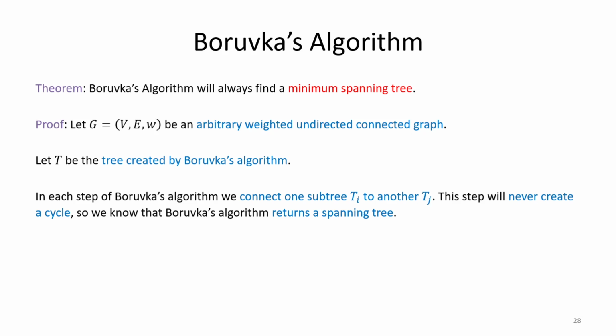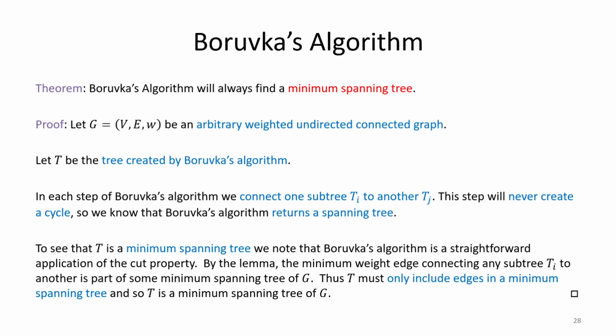Now, the way that we're guaranteeing that is we're always connecting one tree to another one. And again, if we're connecting two trees that are not the same tree, we have no chance of creating a cycle. So this will never create a cycle, so we're guaranteed. And remember, we stop when there's only one tree left in that queue, and that's what we return, the spanning tree. So we're guaranteed that we return a spanning tree.